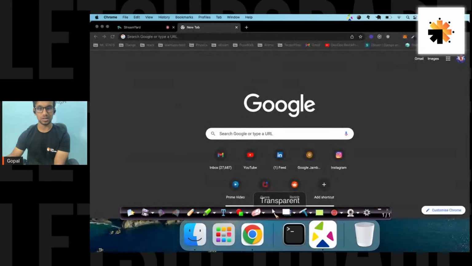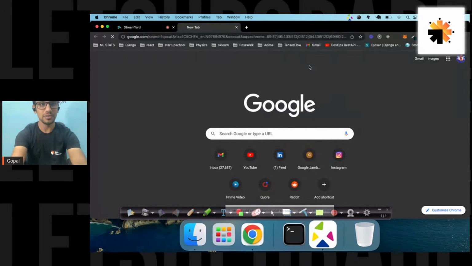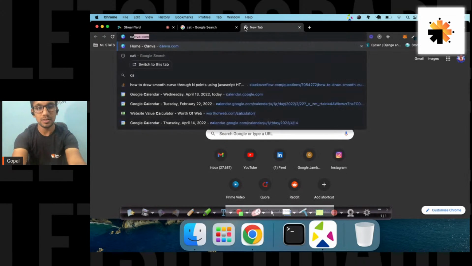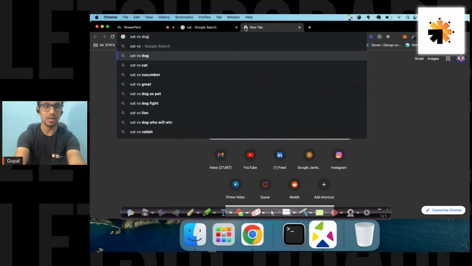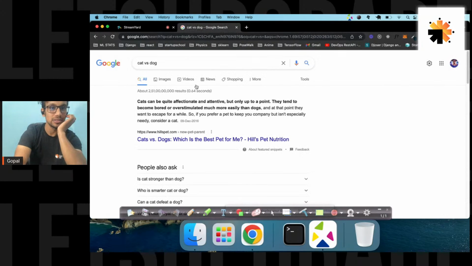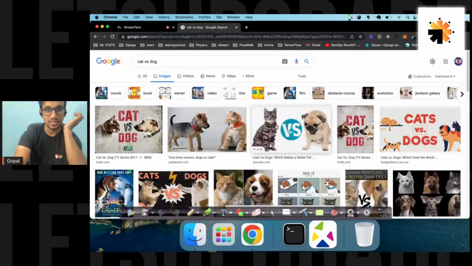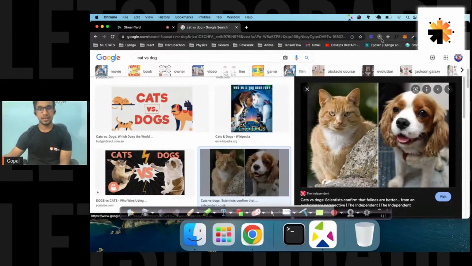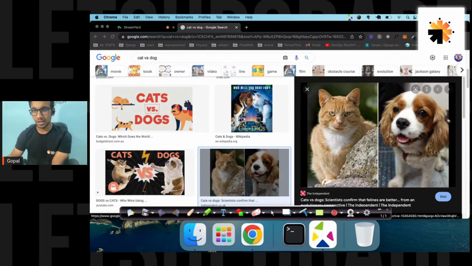I will not draw a cat here, of course. I just suck at drawing cats. Let me have it as cat versus dog. You can consider this example as a classification one. The dog has saggy ears, whereas the cat has pointy ears.